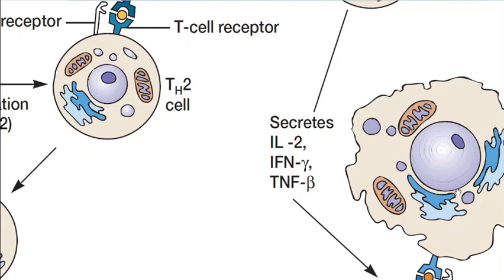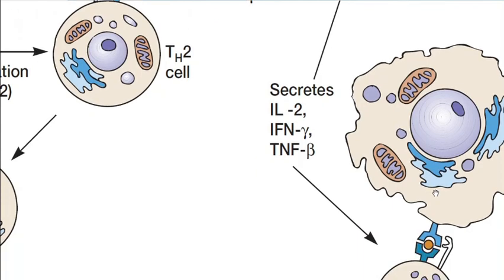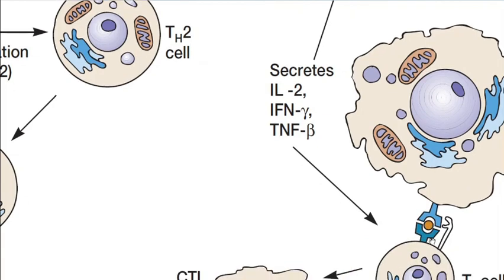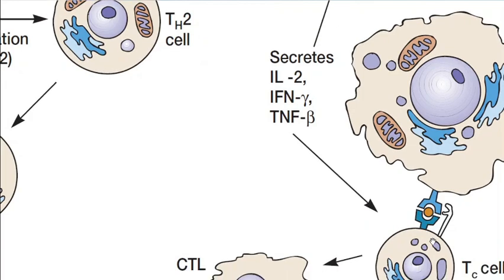When the virus enters the APC cell and replicates inside it, MHC class 1 is also activated. It will collect the virus peptide and display it on the surface of the APC cell by MHC class 1.